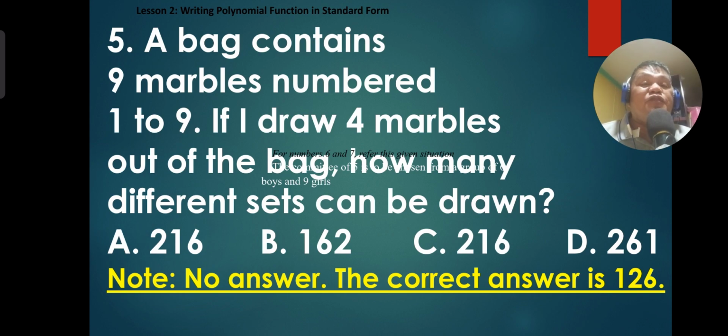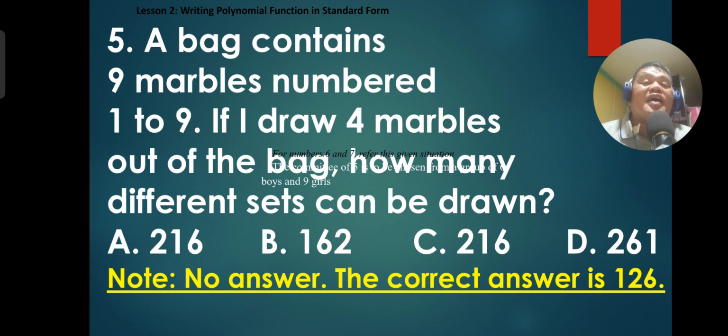If I draw 4 marbles out of the bag, how many different sets can be drawn? So, using your calculator, we have n is 9 and r is 4. The possible answer here is 126.